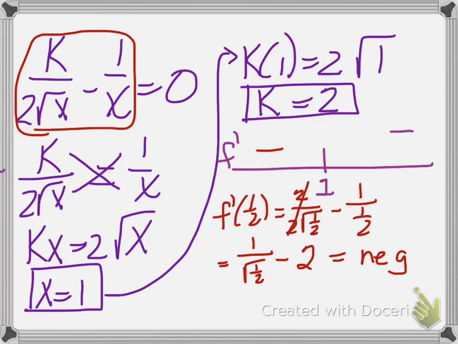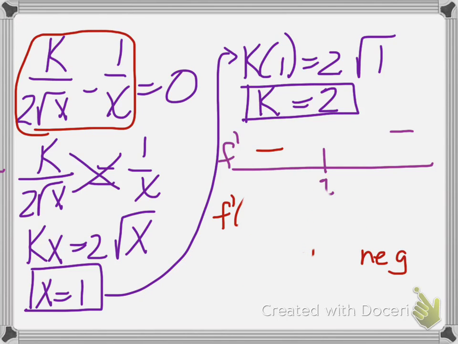Okay, so now we have to check a number bigger than 1. So let's check when x is 2. So I'm just going to make room over here. Okay, so we're going to do f prime of 2. This is driving me batty that the screen keeps getting smaller.